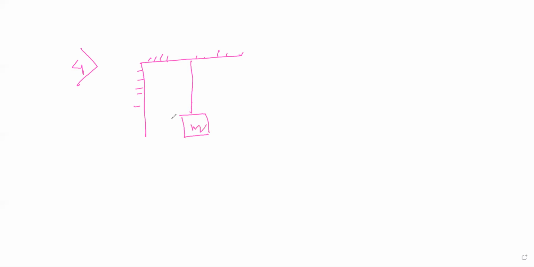This is mass M, and a string is also attached. So two strings are there. Suppose tension in the vertical string is T1 and in the horizontal string is T2. Now I am going to deal with this question.